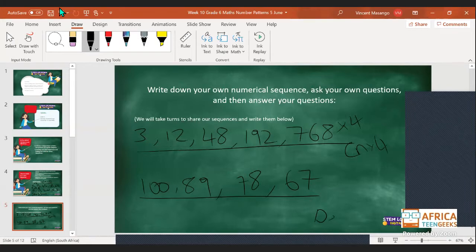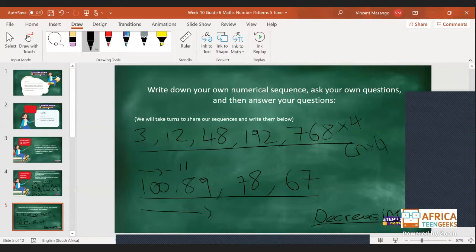Right. The first thing that you would have realized is that it is decreasing, right? Cool. So if it is decreasing, that means that is in descending order. Now, if it's in descending order, what is the pattern? So from 100 to get to 89, we subtracted 11, right?